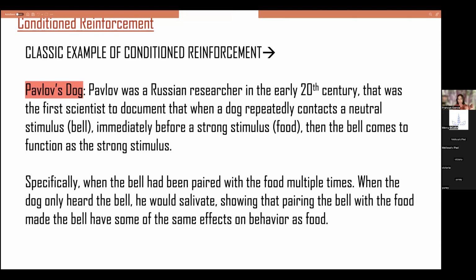That's literally the textbook example, where the conditioned thing comes into play. So showing that pairing the bell with the food made the bell have some of the same effects on behavior as food. That's what makes the difference between conditioned and unconditioned.